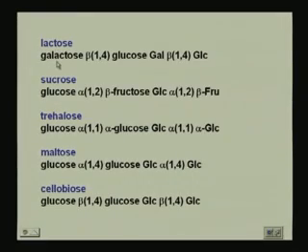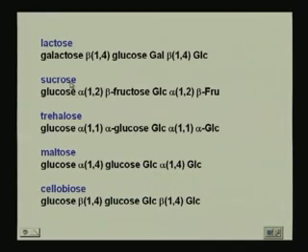Lactose is galactose beta 1,4 glucose. So, what do we need to know for this? We need to know the structure of galactose, the beta anomer of galactose, and the structure of glucose, and then this is the way it is written in short form, galactose beta 1,4 glucose, that is lactose.